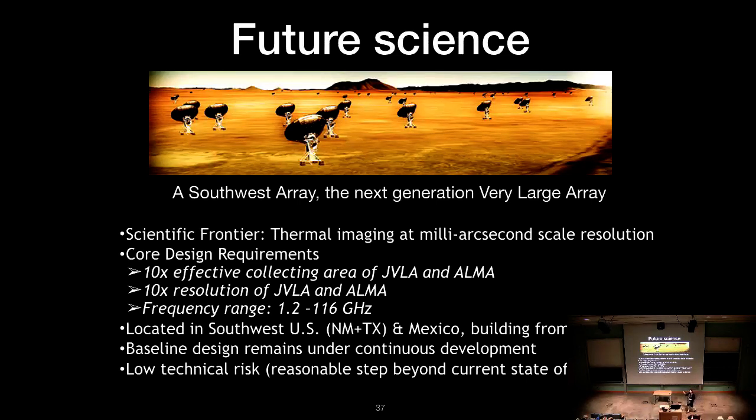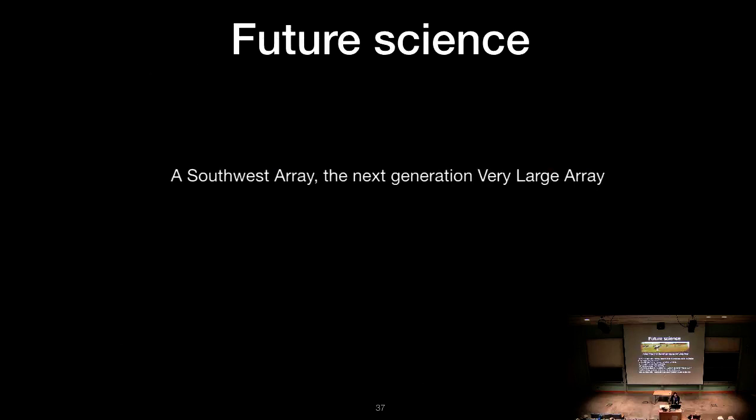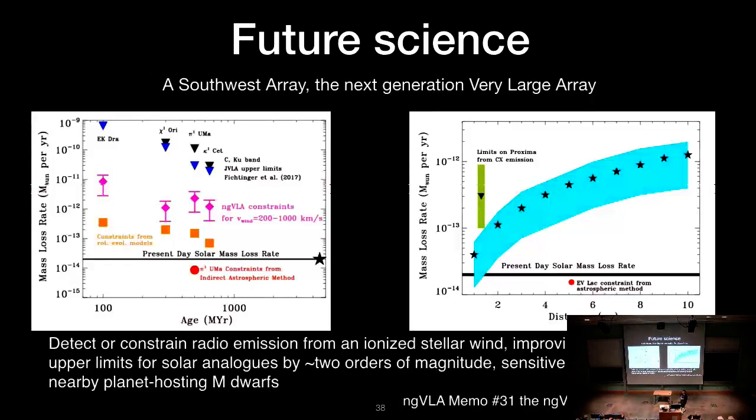So increase the sensitivity about 10 times beyond what the VLA and ALMA can do, increase the resolution, and utilize a frequency range that's sort of intermediate between what the VLA can do and what ALMA can do.